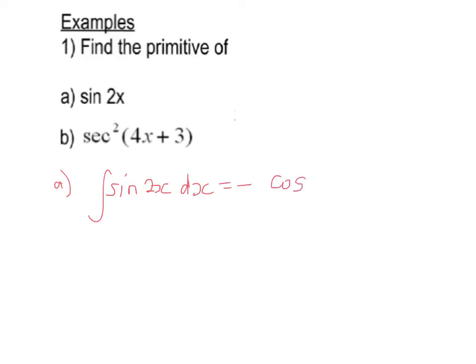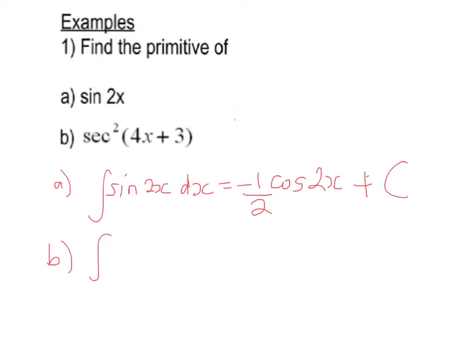We're going to keep the angle exactly the same, 2x, but we're going to times by half, or divide by 2, because that's the derivative of 2x. And this is an indefinite or primitive integral, so we're going to plus c.